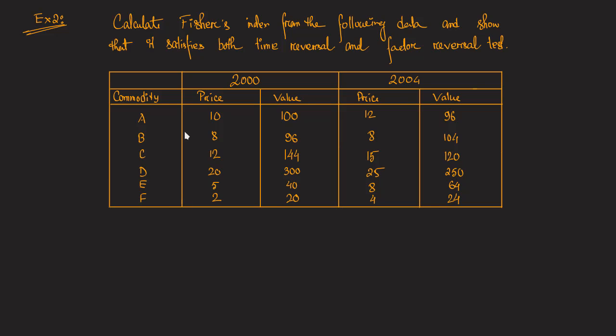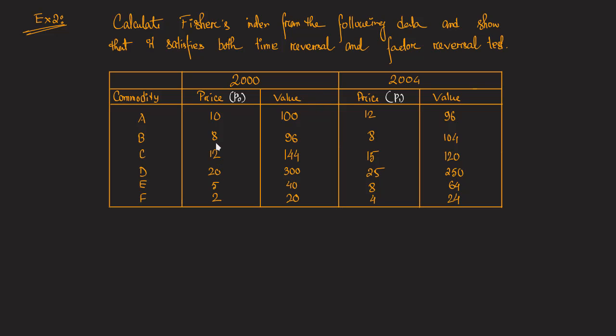And we have 6 commodities A to F, and their prices and values are given. Now first we have to note that these are the base period, so these are P0. This is the current period, so these are P1. But to calculate the index we need P0 and Q, that means quantities, but quantities are not given here. Here values are given.